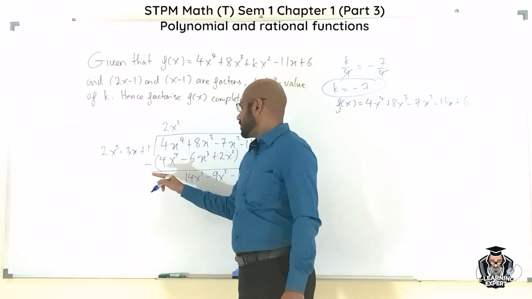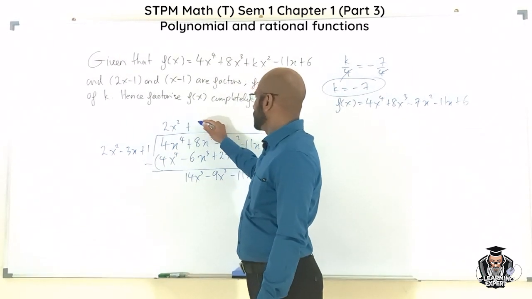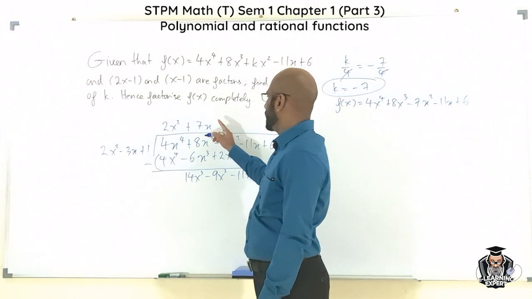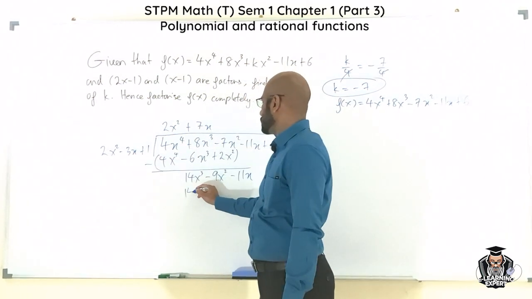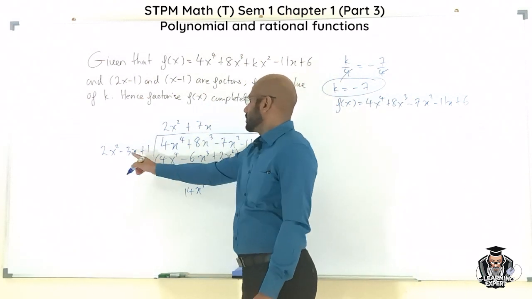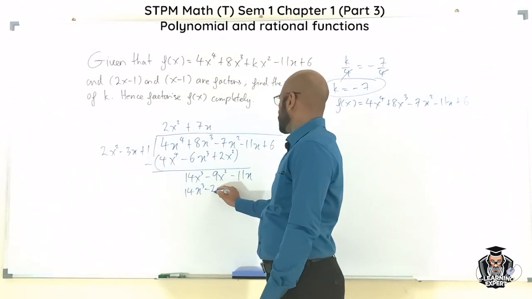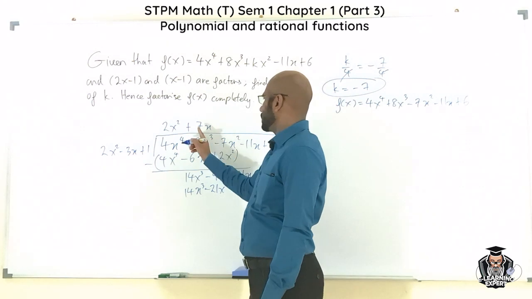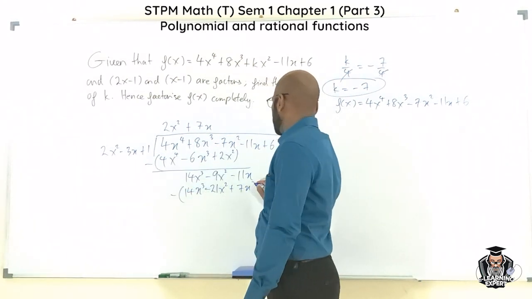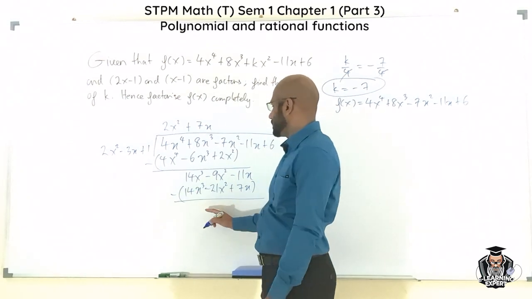So I want to get a 14, that means here must be a 7, and to get an x cubed it's got to be an x, so 7 times 2 is 14. X into x squared gives me an x cubed. 7 and minus 3 is minus 21 with an x squared and plus a 7x. Again minus, open brackets, first term eliminated.